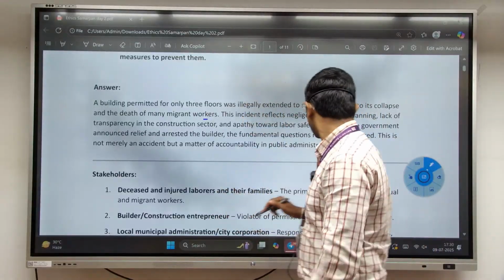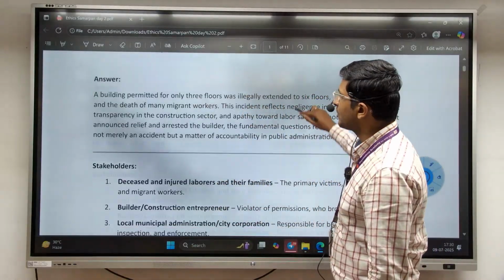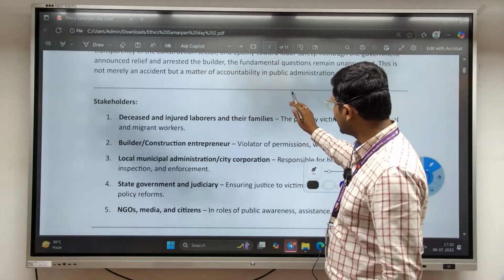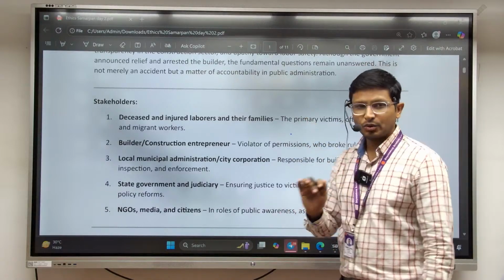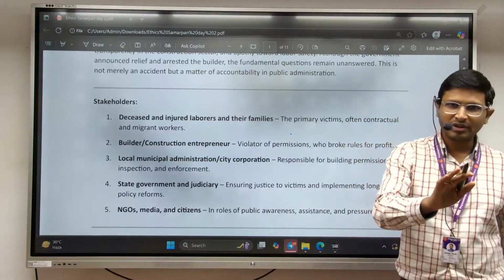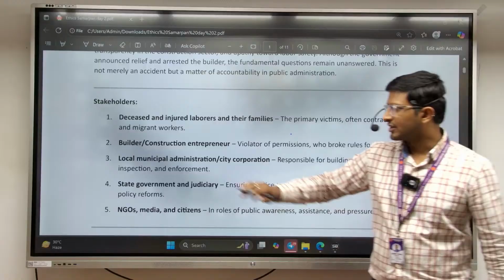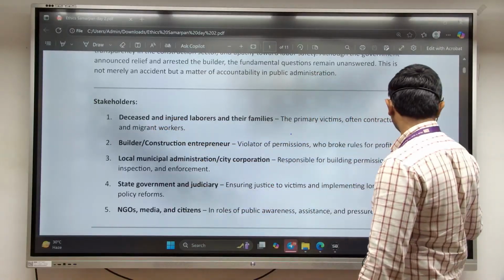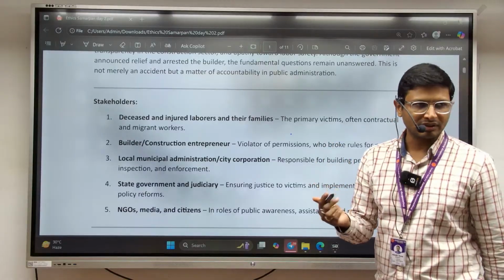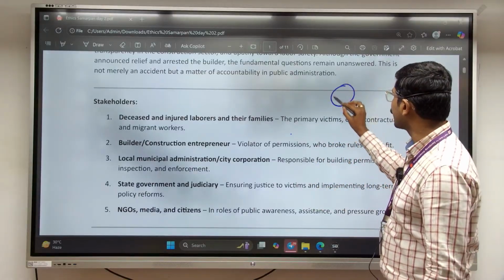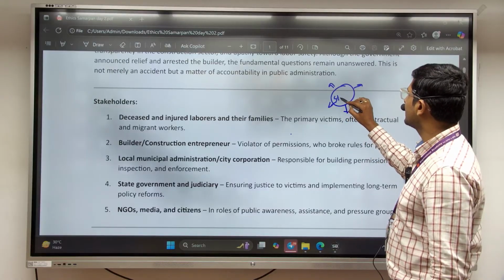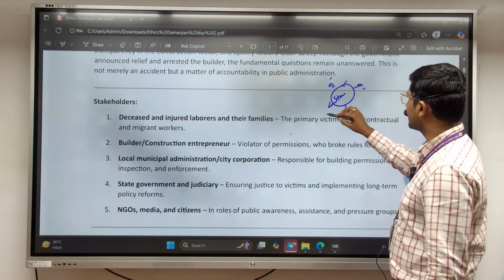Then you are writing the stakeholders, like which are the stakeholders. Here we have given the explanation also, but I have told you, when in the actual exam you are writing, don't give the explanation, just write the stakeholders and give the list of the stakeholders. Or there are different ways you can represent the stakeholders. Some people just make a T diagram and arrows, writing stakeholders and just writing the stakeholders around it.